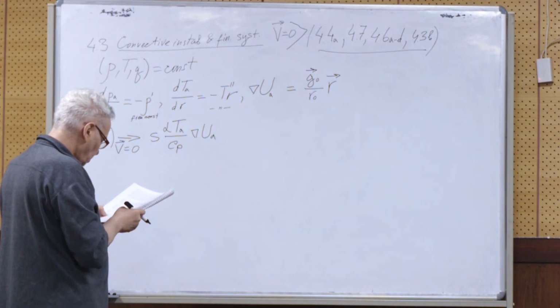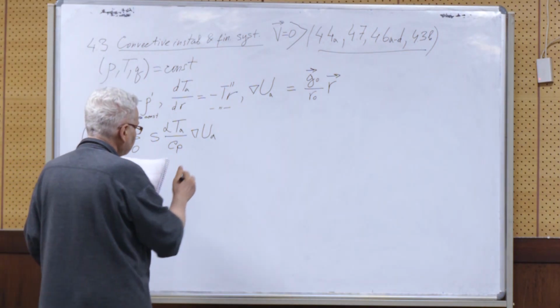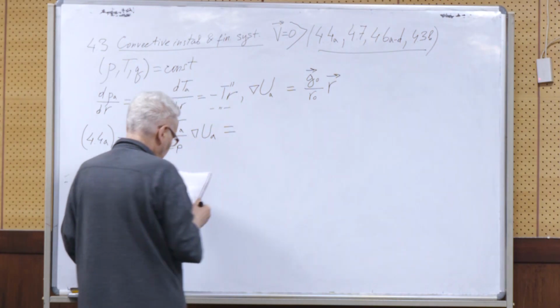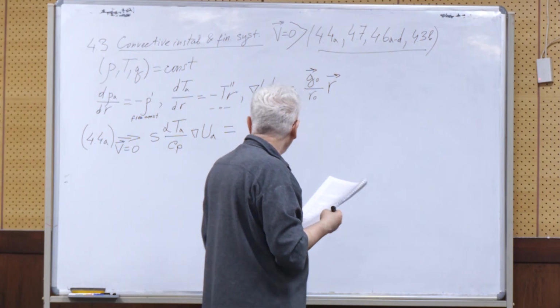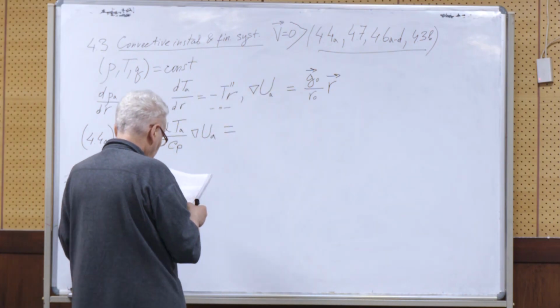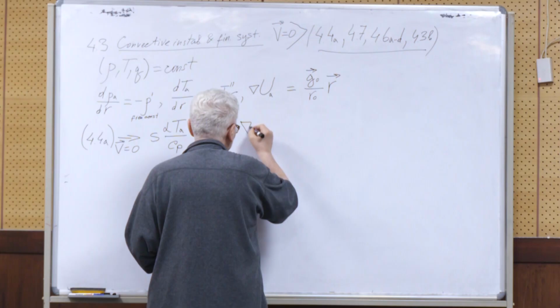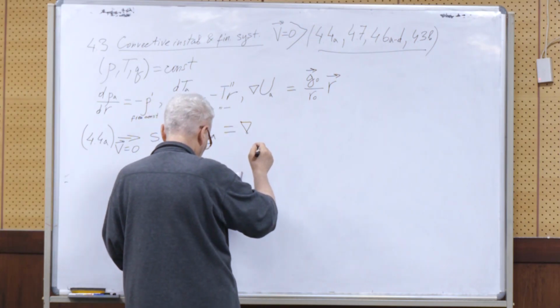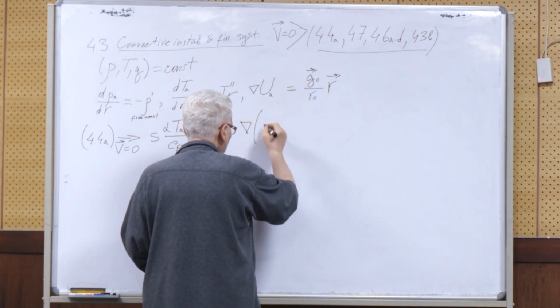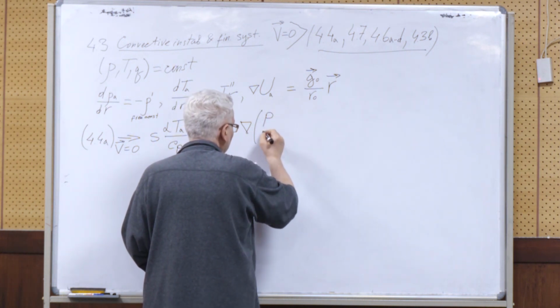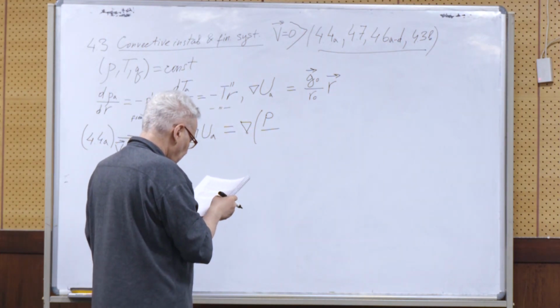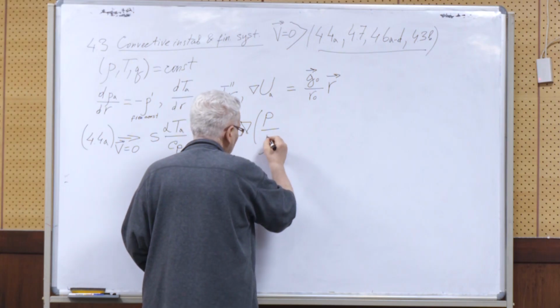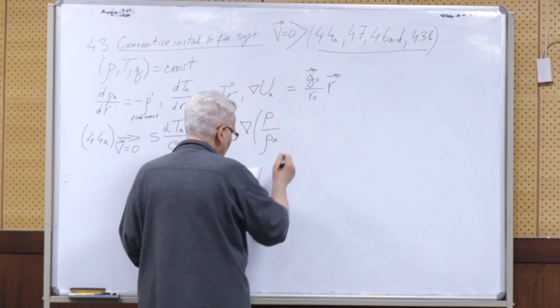This is one term. And another term, of course, is the modified pressure. I just place it in another part of the equation to make it symmetrical. So eventually this works like that: the gradient of the original pressure, or more precisely the deviation from the adiabatic state, divided by rho adiabatic.